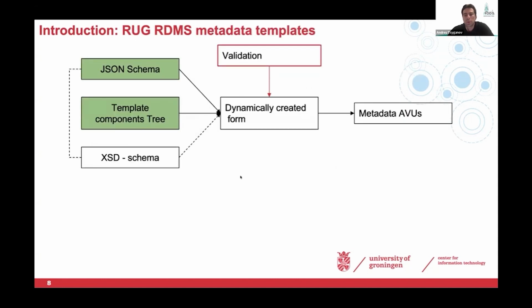We came to this idea a long time ago when we started to develop the RDMS at RUG, and when we started to apply metadata templates. If we want to apply a metadata template to a large amount of data, we need to choose a strategy.